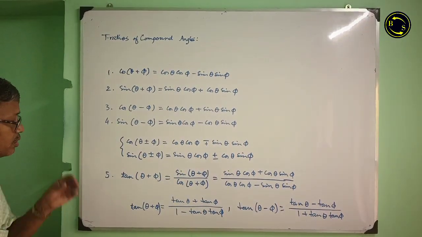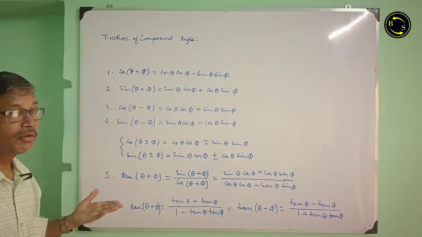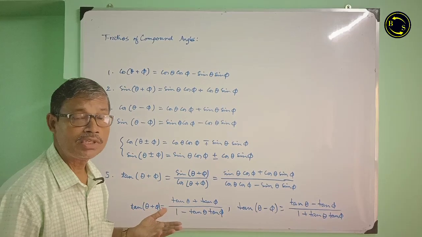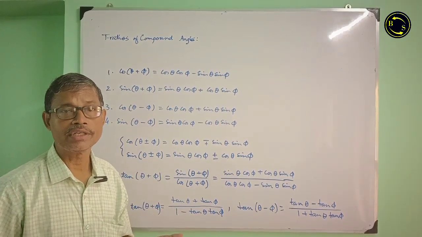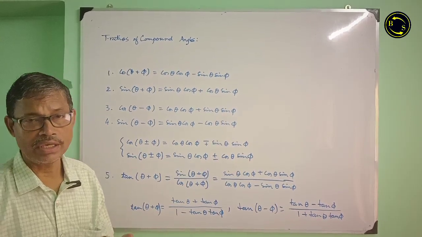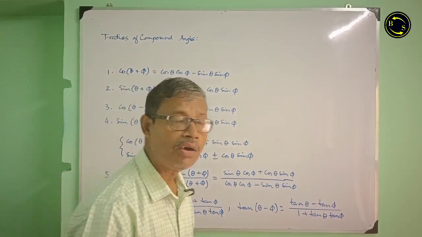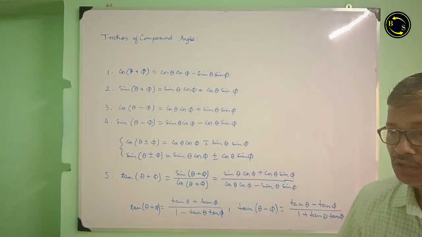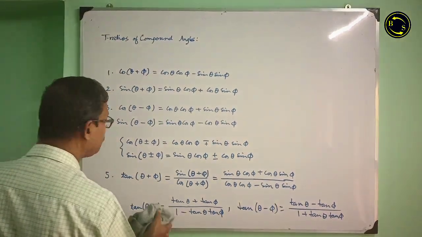Thus we have deduced the identities sin of theta plus phi, cos of theta plus phi, tan of theta plus phi, sin of theta minus phi, cos of theta minus phi, and tan of theta minus phi. Now where to apply? For that, we take few examples.